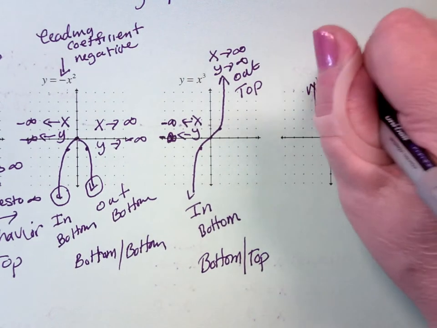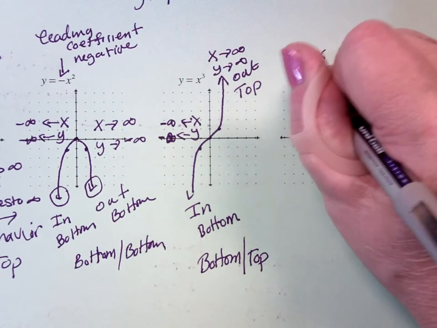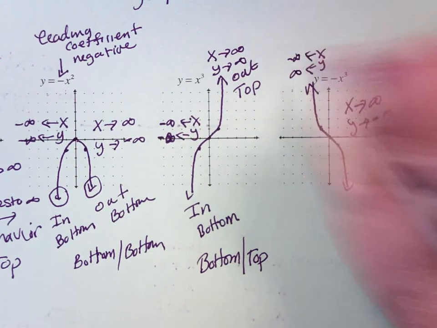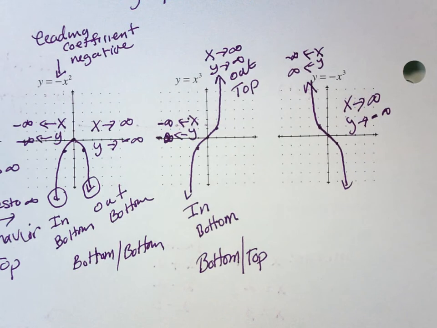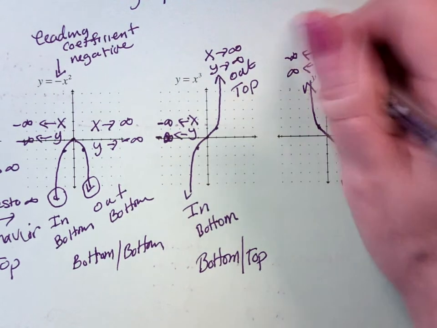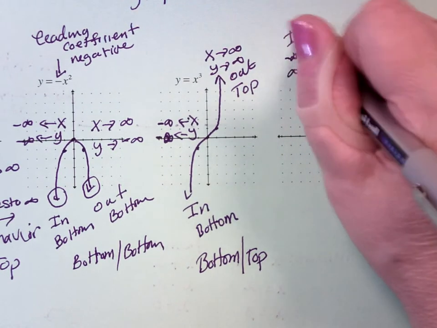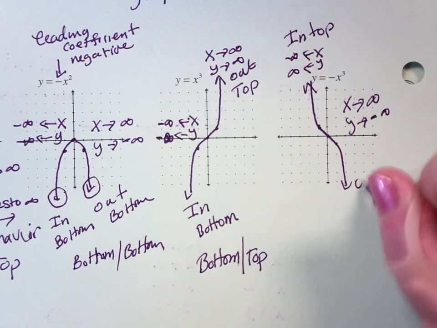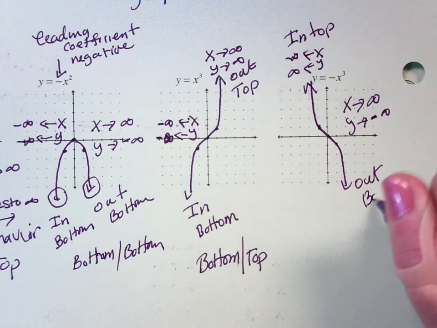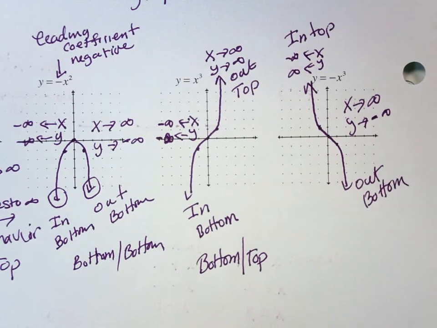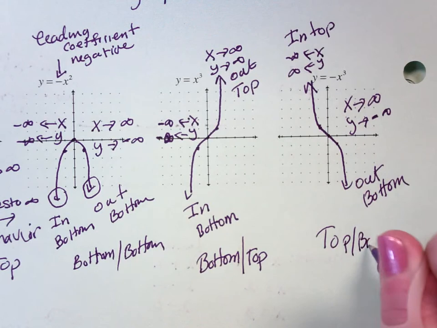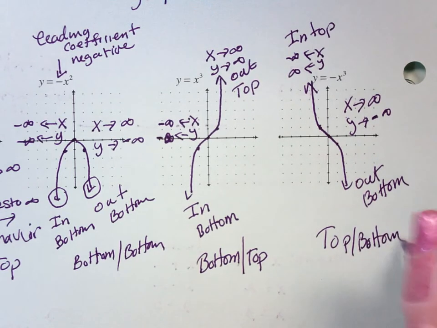And as x goes to negative infinity, y goes to positive infinity. So if I look, he is in from the top and out through the bottom. So he is top, bottom.